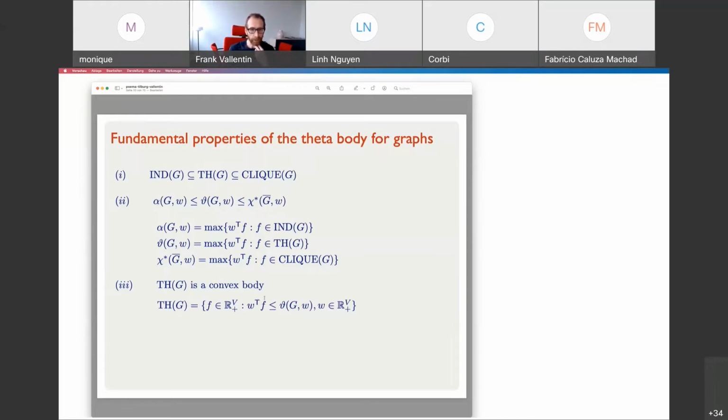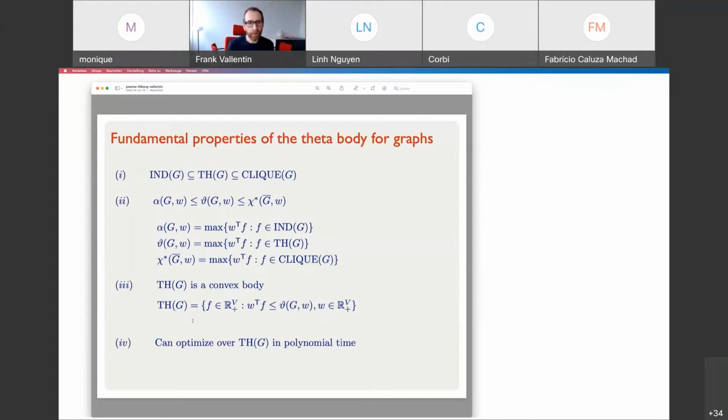Of course, one of the inclusions is trivial, but the other one you have to do some work. And the last item is that one can optimize over the theta body in polynomial time. These are the fundamental properties of the theta body for graphs.